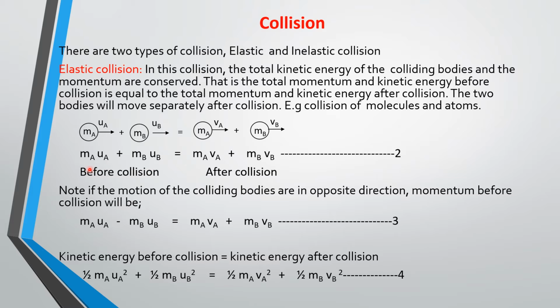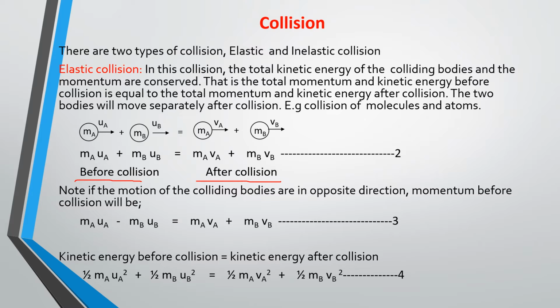So mathematically stated, based on the equation that we derived before, momentum before collision is equal to momentum after collision. Take note of this equation: momentum before collision, MAUA plus MBUB, is equal to MAVA plus MBVB. This is the equation for elastic collision.